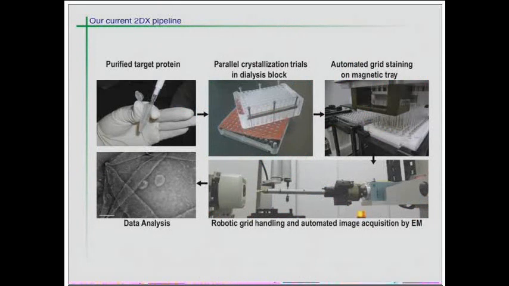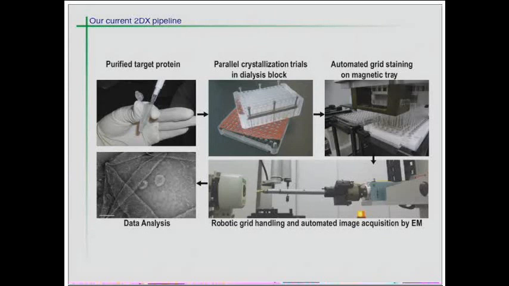This is our current 2D crystallization pipeline. We collaborate with NYCOMPS, the New York Consortium on Membrane Protein Structure, where they express and purify membrane protein targets from several sources, so we have a constant supply of membrane proteins. We then carry out 2D crystallization in parallel on 96-well plates, so we can screen 96 conditions at once.